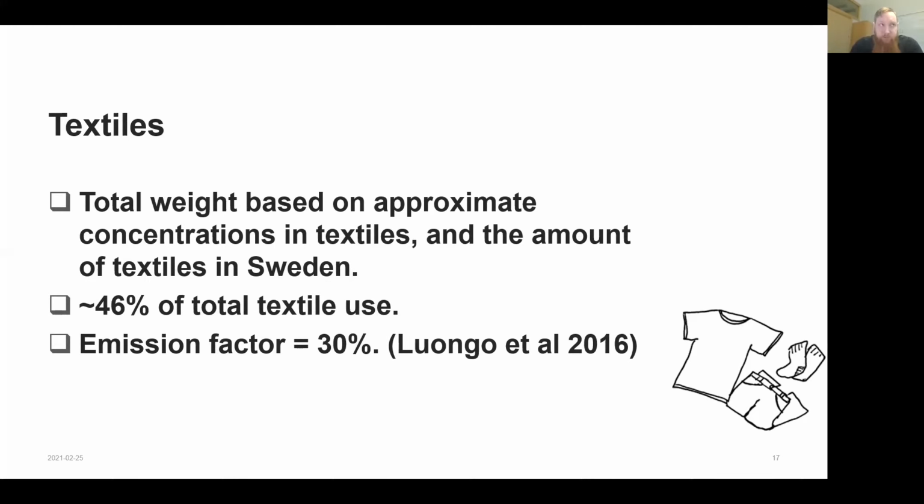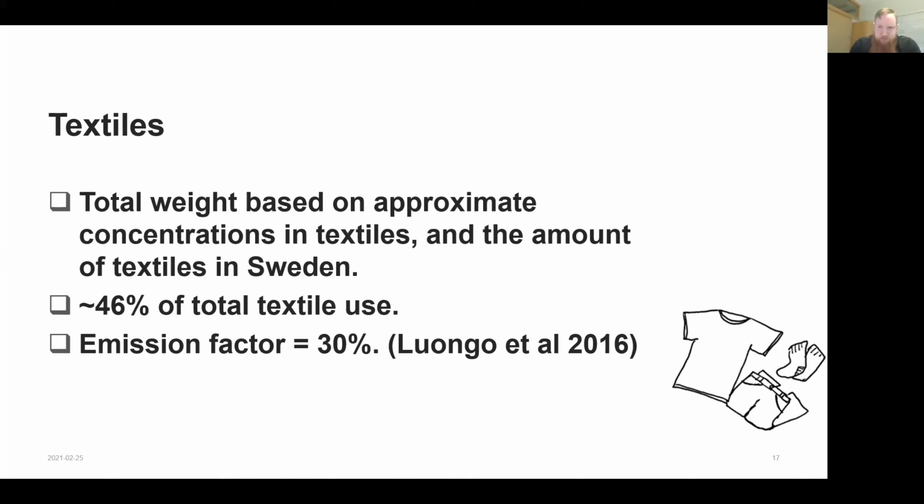Unfortunately, the Swedish Chemicals Agency had a report that contained this information, but it turns out that there's not a perfect overlap between these two data sets, of course. So for the information that we had on what's sold on the market, only approximately 46% of that total textile use do we have any information on the chemical content of, because that's the only thing that you have in the Swedish data set that we started with. So we're losing approximately half of the textiles in this step.